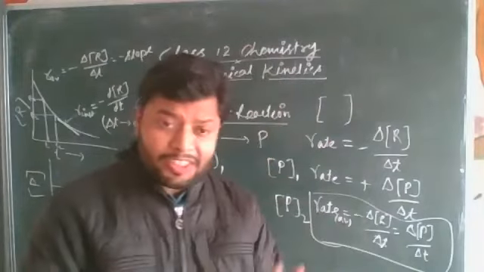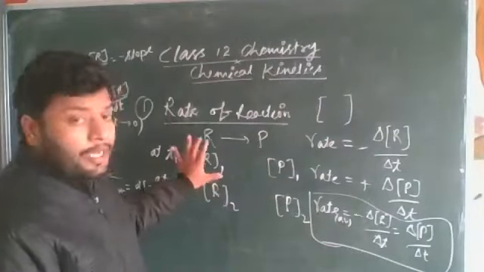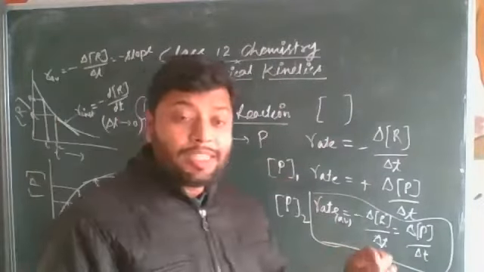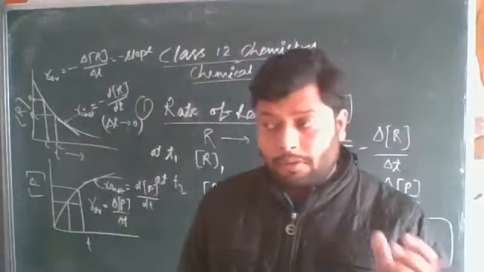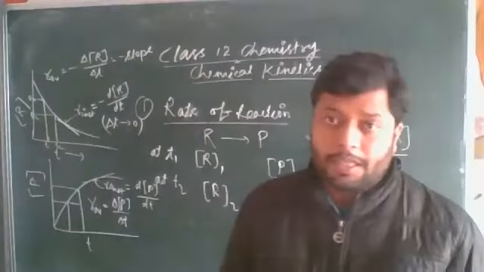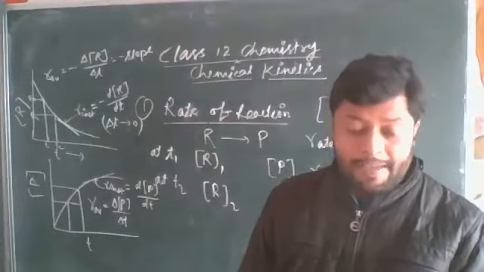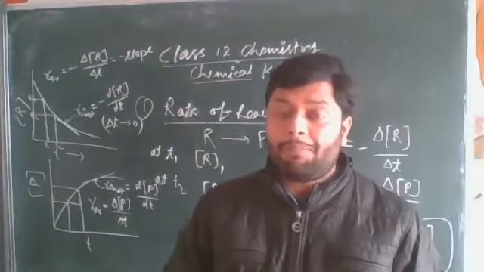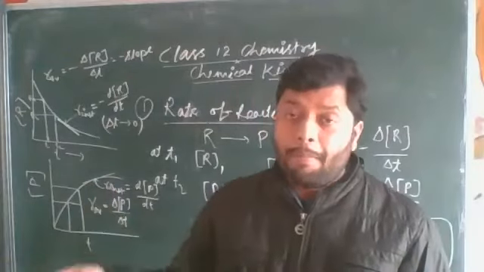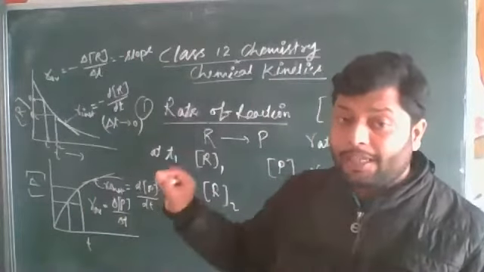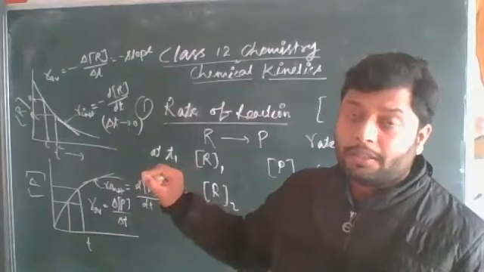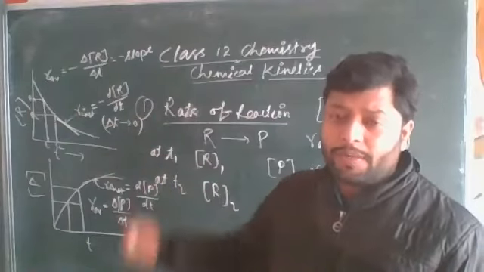Now the problem is, is it possible to consume the reactants and produce the product at the same rate or not? That can be explained on the basis of different examples that we can use here. But before that, first let's discuss the unit of reaction rate. You can see the unit.